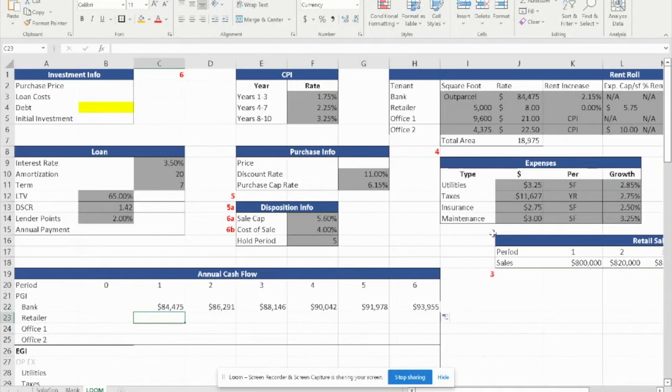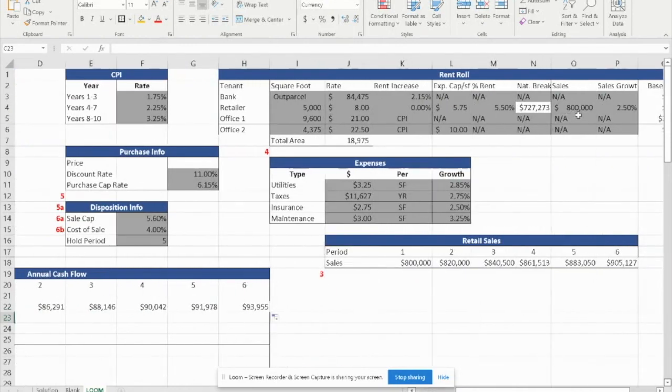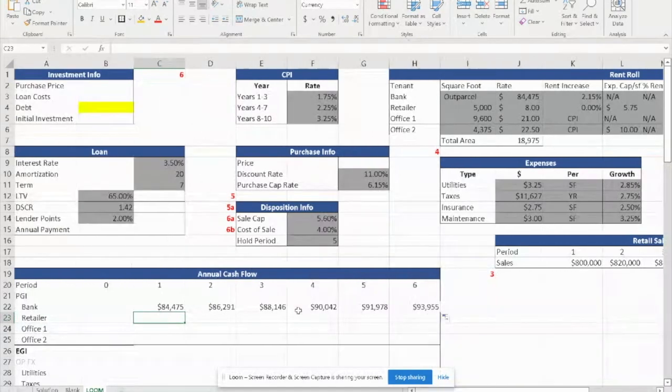For the retailer, we were told that the sales for year 1 is $800,000, but it does exceed the natural break. So we're going to go ahead and use that as our basis for calculating the actual rent amount for years 1 through 6. We remember the formula for calculating the rent using the percent rent.